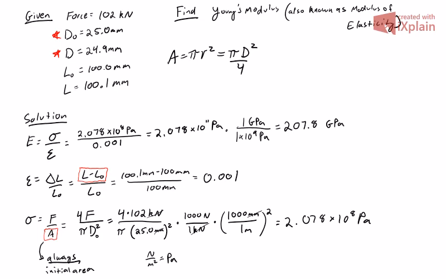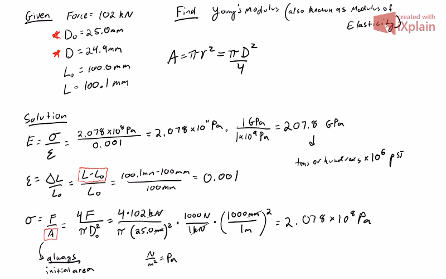When you're talking about the metric system, you should be looking at between the tens and hundreds of gigapascals. When you're talking about the English system, you should be talking about tens or hundreds times 10 to the sixth psi, right? So a common one that we end up using is for ASTM A514 steel cable.